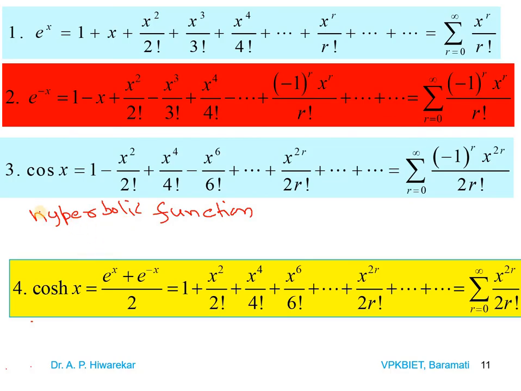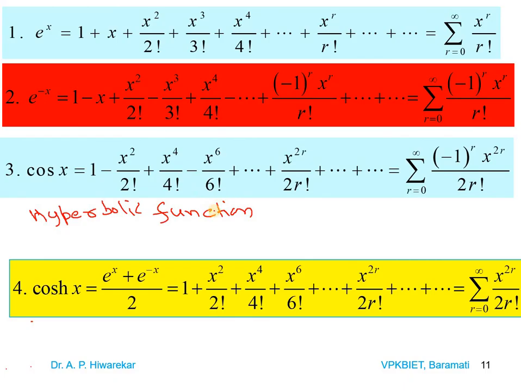So this is cosine hyperbolic. H represents hyperbolic, and it is represented as e power x plus e power minus x divided by 2. So you can add the first two series, and just by simplifying we'll get this: 1 plus x square divided by 2 factorial plus x to the power 4 by 4 factorial plus x to the power 6 by 6 factorial and so on.